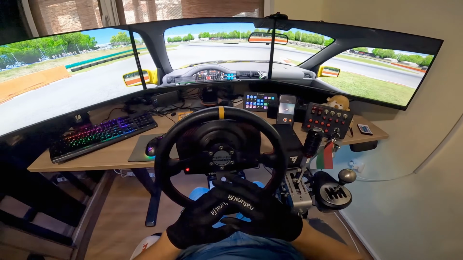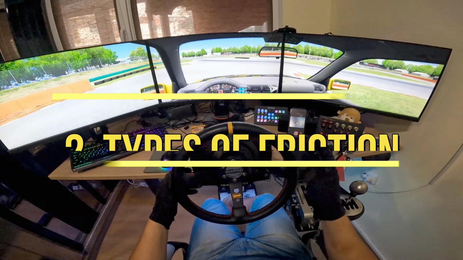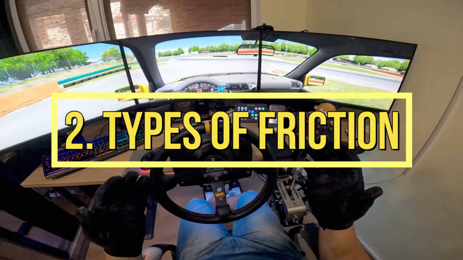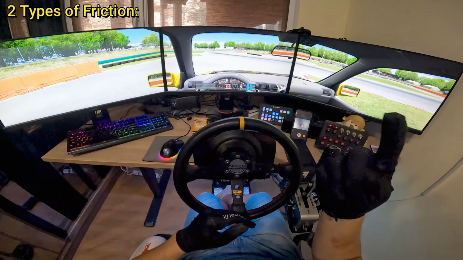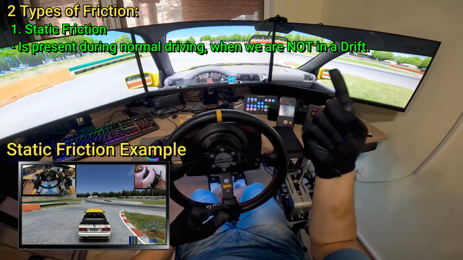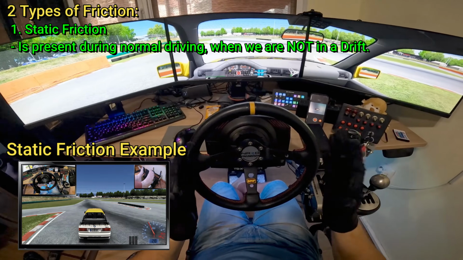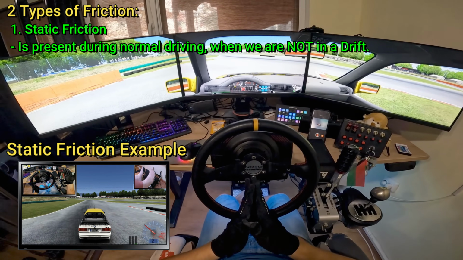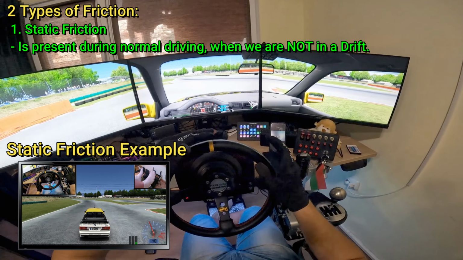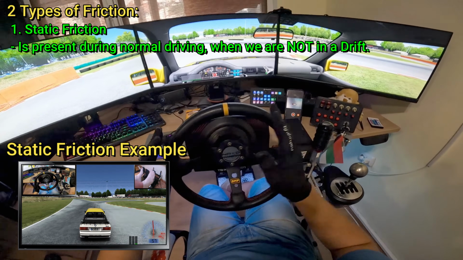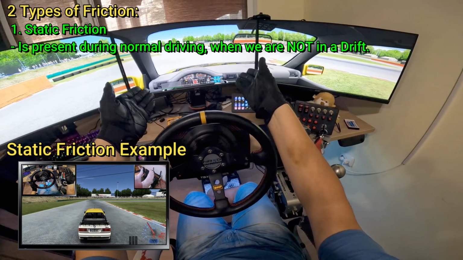Now, to make this all make sense, of course, we're going to move to point number 2, which will be, what are the types of friction? We have 2 types of friction. First type of friction is static friction. Now, what does static friction do? Static friction, guys, is what will keep our tires gripping the road when we are moving and the tires are rolling, or when we're not moving, standing still, like I am right now with my car.